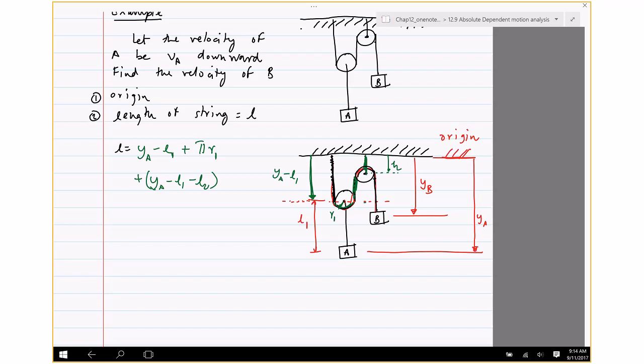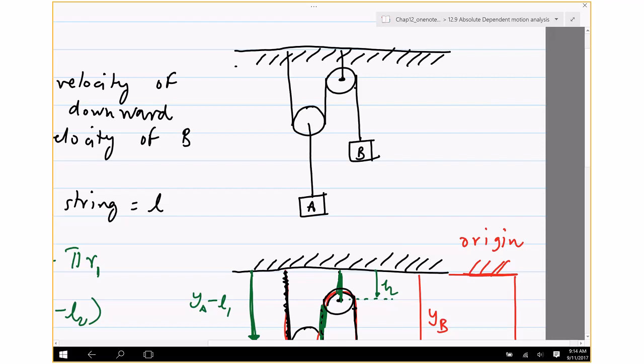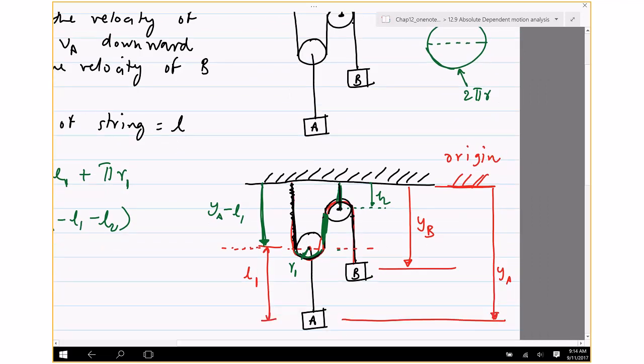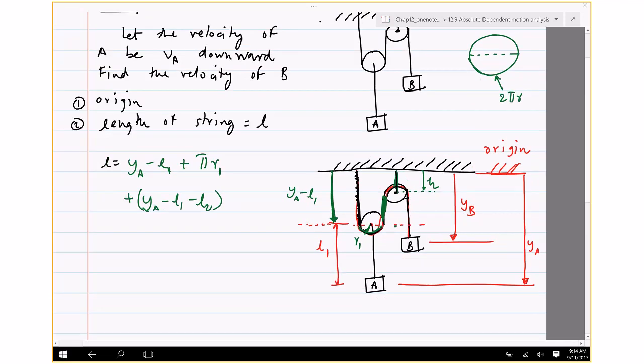What's the circumference? It's 2 pi r, so what I need is half of this, just pi r. You'll see that you don't quite need pi r. I just wrote it down so that it's more complete. But when you start solving problems, you'll not really care about pi r.